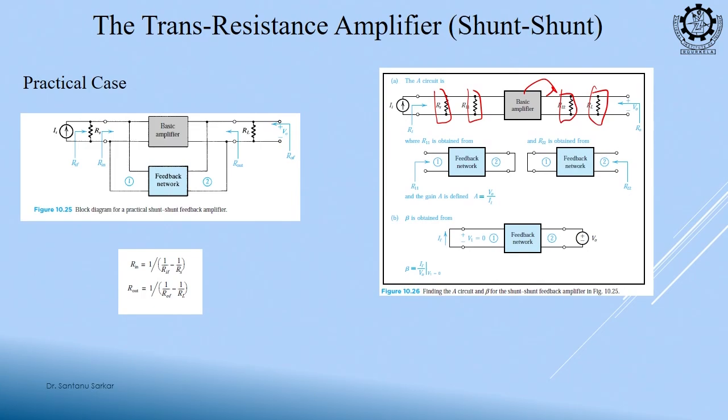First we will start with not considering them, then slowly we will put them in, then we will have the complete circuit, considering the source resistance, load resistance and its internal input and output impedance.